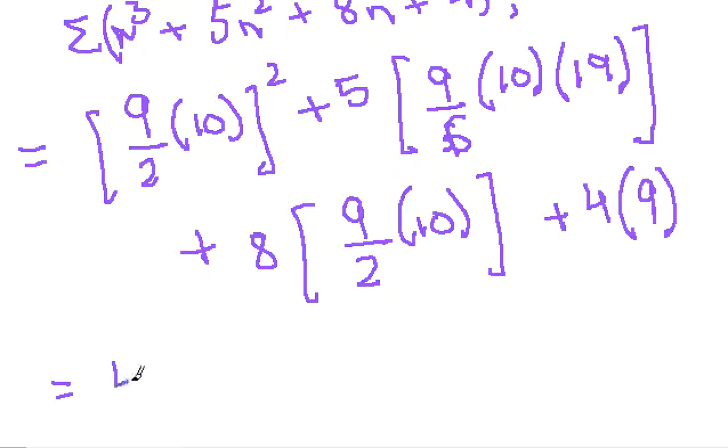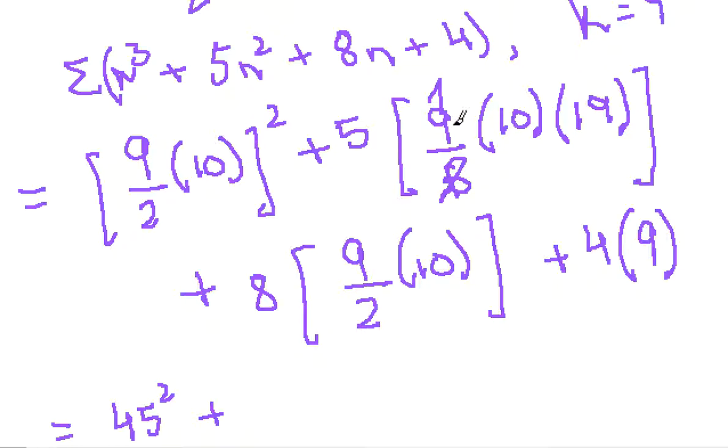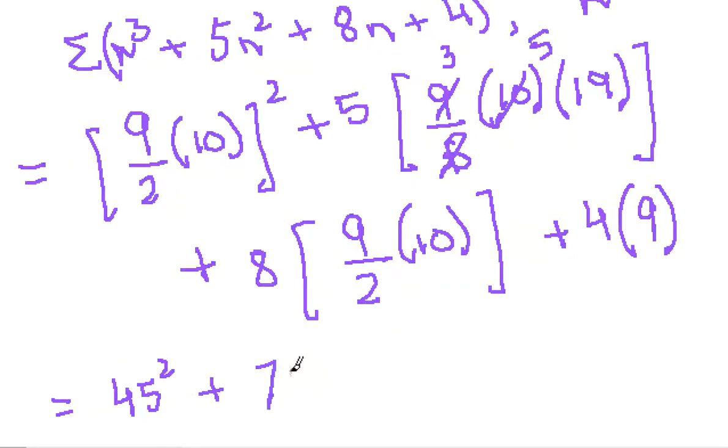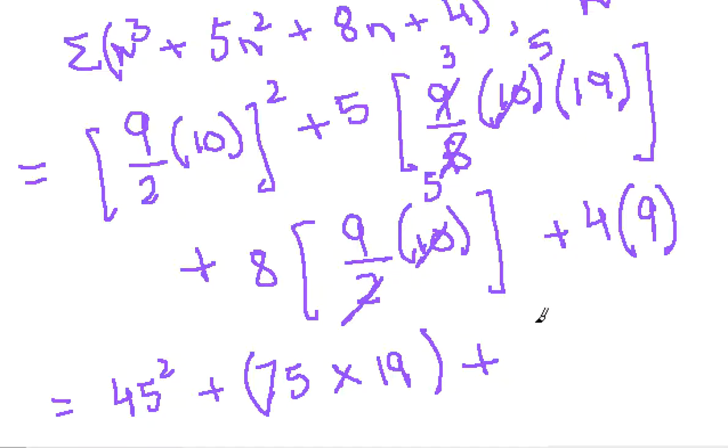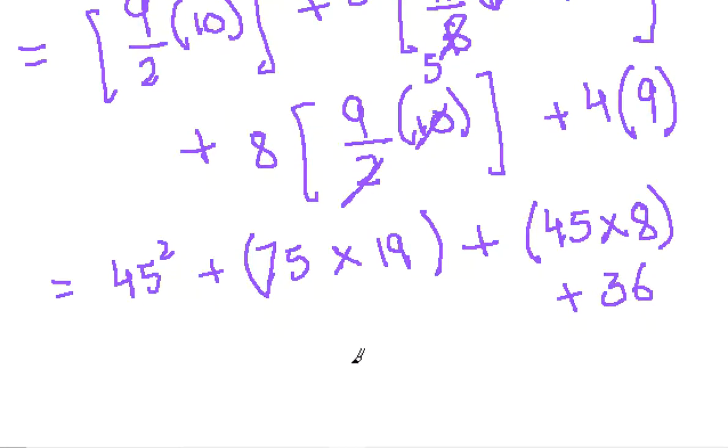This becomes 45 square plus, now we can cancel out this 6, this goes by 3 and this goes by 5, so 3 5s are 15, 15 5s are 75, so this becomes 75 into 19, plus this 2 goes by 5, so this becomes 45 into 8, plus 36, because 4 into 9 is 36.